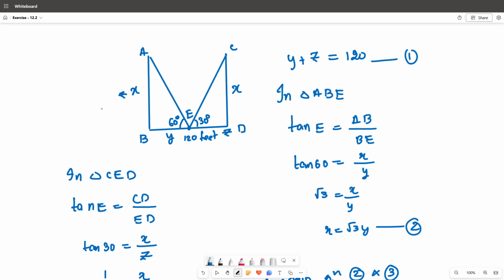So the length of the pole, we found it as 51.96 feet. BE, the distance between point E and the foot of the first pole, that is y, we found it as 30 feet, and the distance between the point and the second pole, that is z, we found it as 90 feet. Thank you. Hope you understood the question.